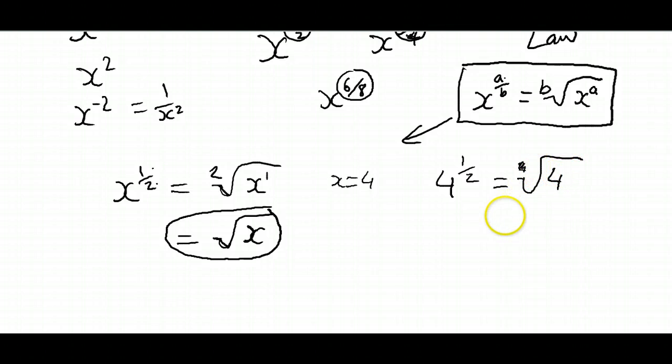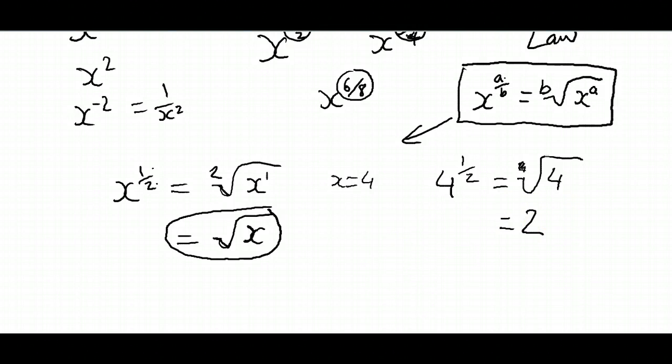So we've just got the square root of 4. Well, the square root of 4, you shouldn't need a calculator to tell you, is 2. Okay, the square root of a number says, what do I need to multiply by itself to get this number in here? Okay, you've got to multiply 2 by itself to get 4. So therefore 4 to the power of a half is 2.